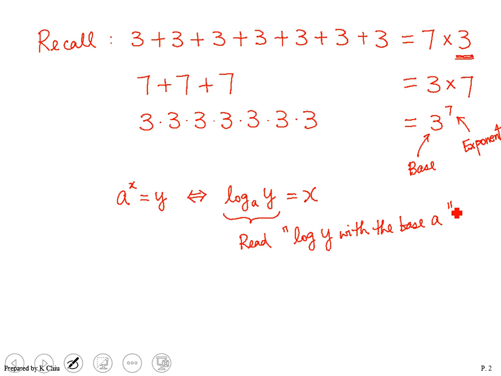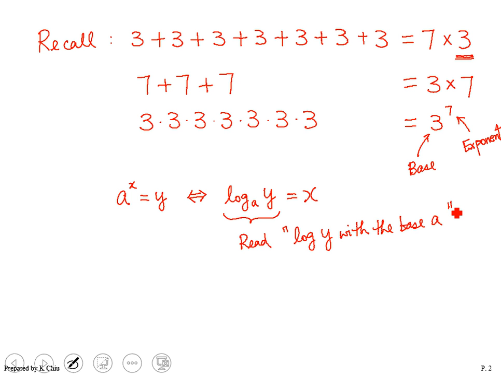So write it a little bit smaller on the lower right corner of the log. So whenever we have a to the x equals y, we can turn it into log of the result with the same base. That would be equal to the exponent.